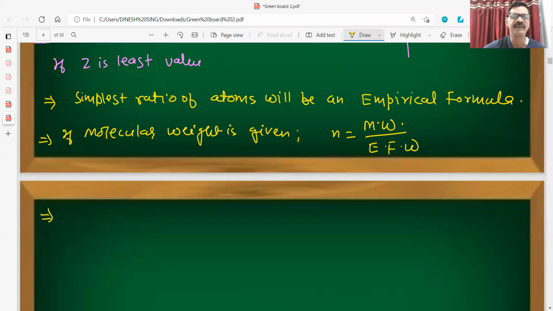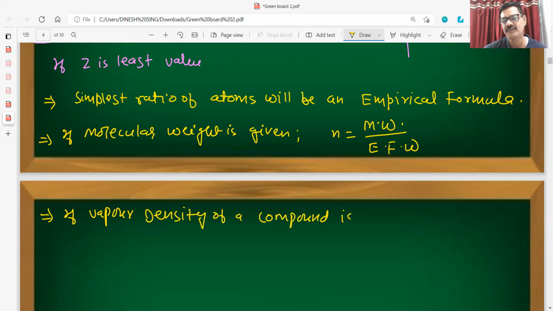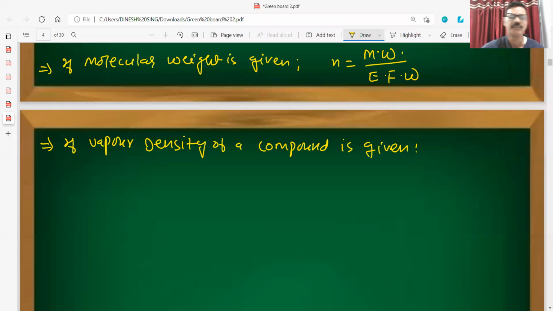Another thing, if the vapor density of a compound is given, then the molecular weight of the compound will be equal to 2 into vapor density.